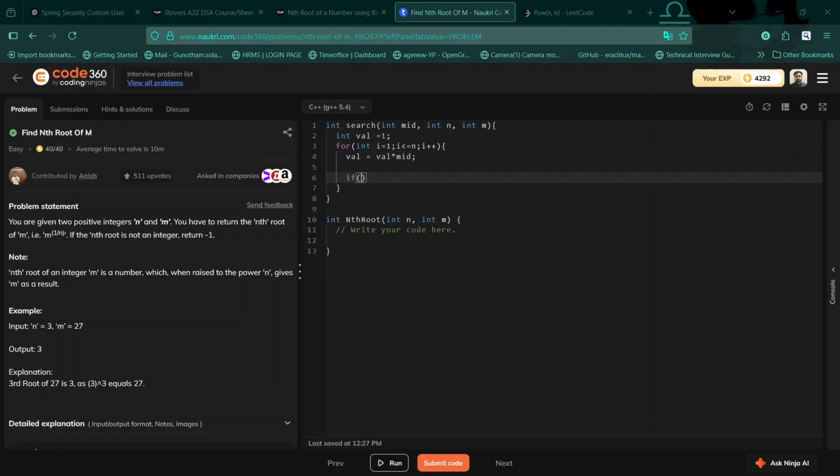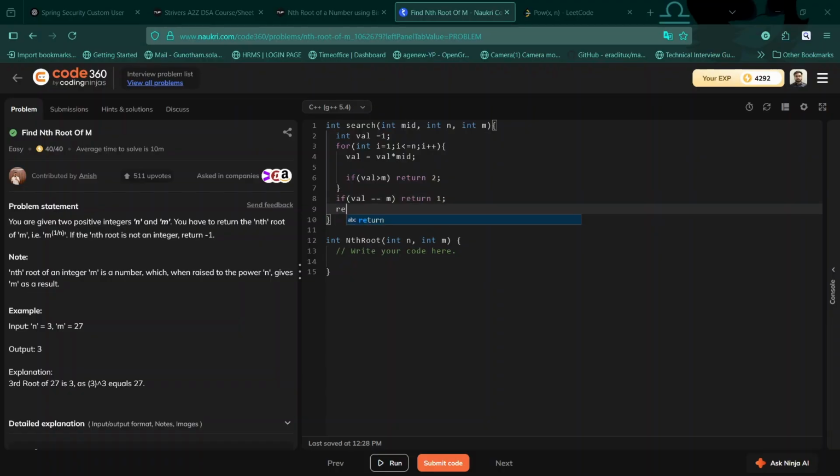And if val is greater than m, then I'll return 2. If it isn't, then I'll check the condition: if val is equal to m, then we can return 1, or if it is not, then return 0.